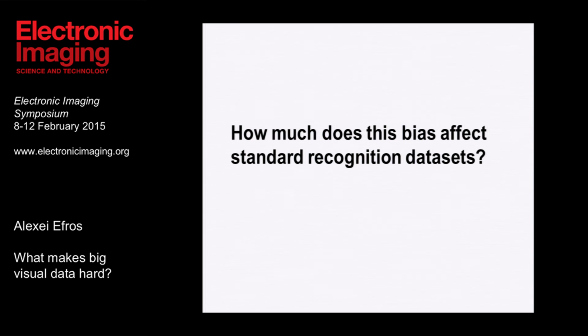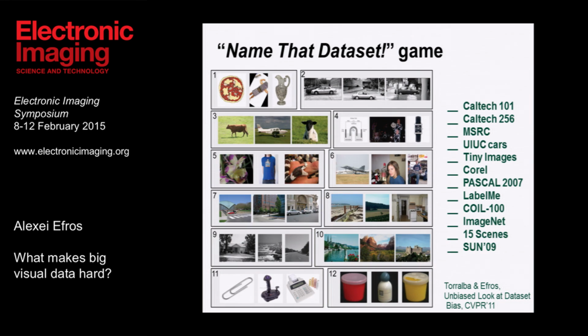So how much does this bias affect standard recognition algorithms? We did a paper with Antonio Torralba a few years back, and we basically said, okay, let's take a whole bunch of standard computer vision data sets and see if people can guess which data set is which, just from a few images, okay?